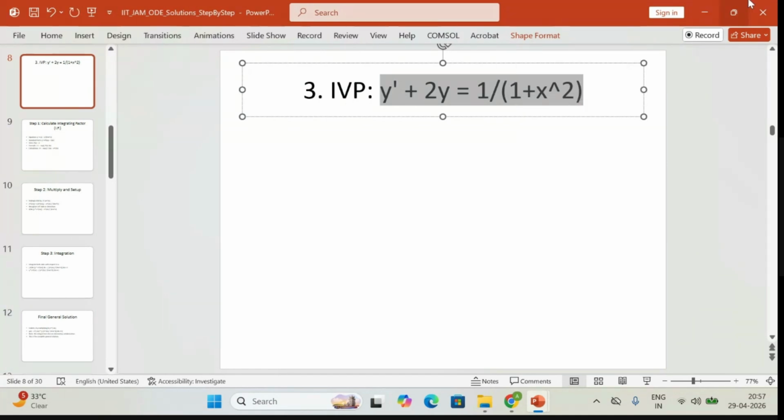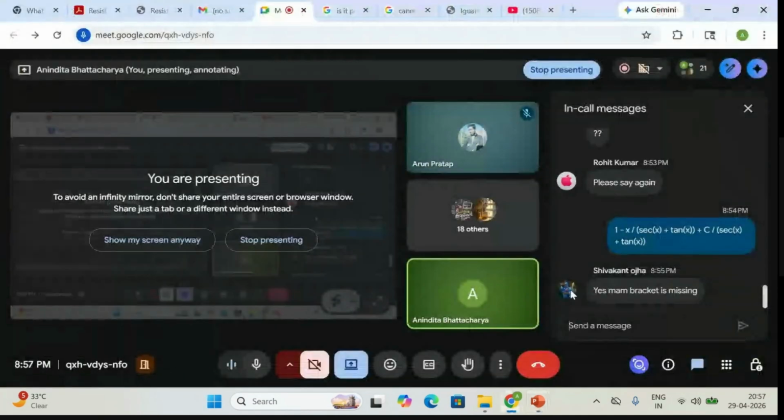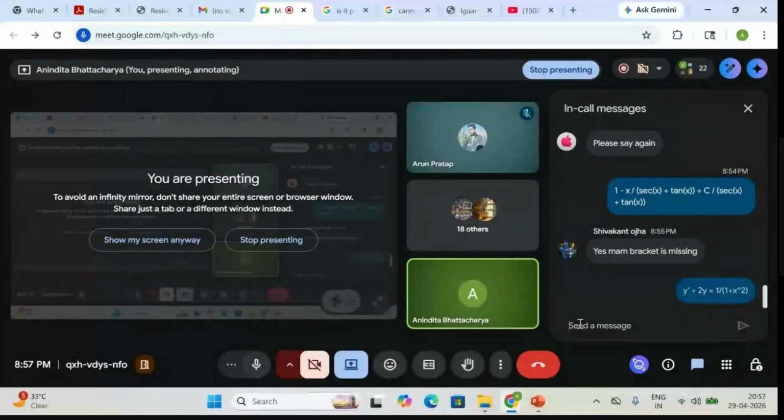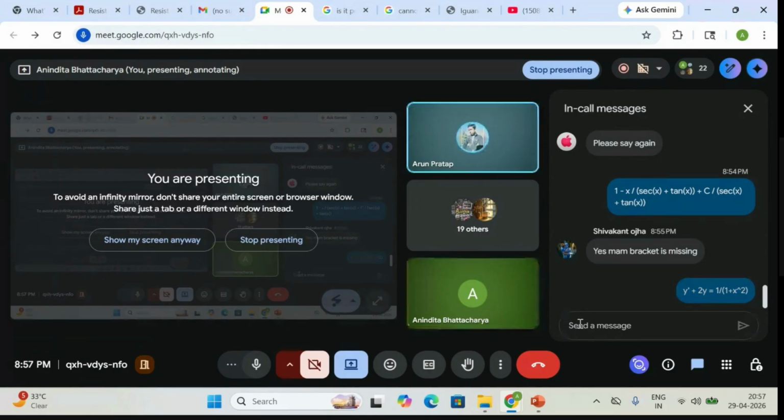It is not an IVP because there is no initial condition. Just try and solve this equation. Has everybody noted down the question? Yes, ma'am. Thank you.